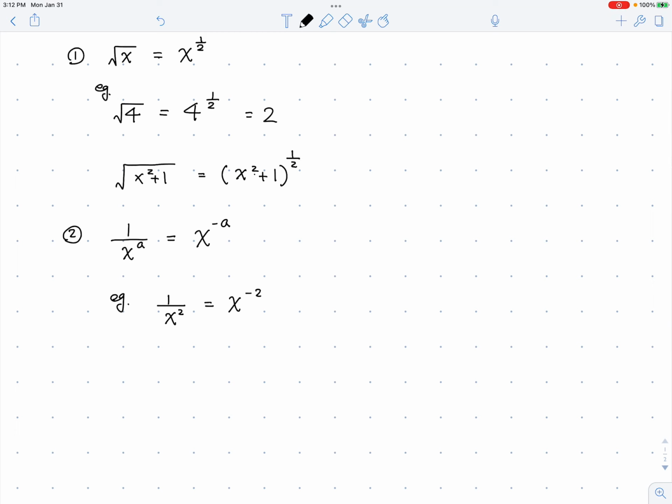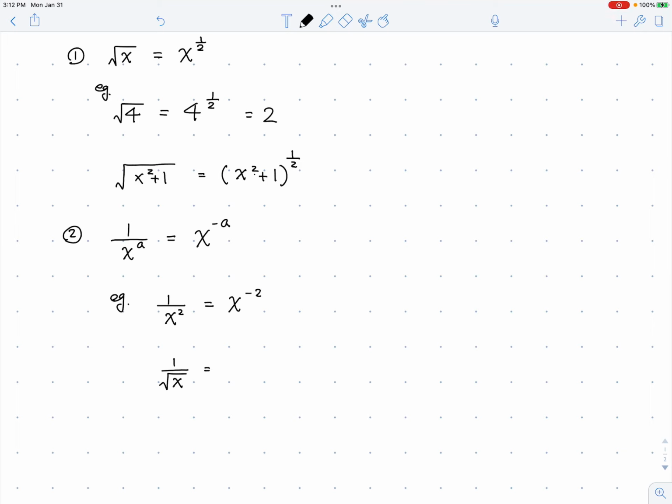All right? So then, if we combine the first formula and the second formula, so now I have 1 over the square root of x. Am I able to write this in terms of a power function?